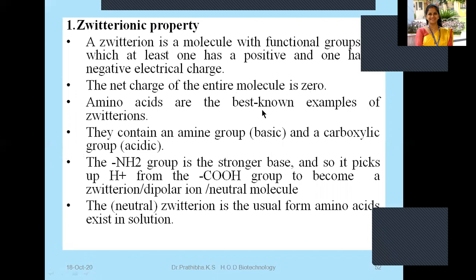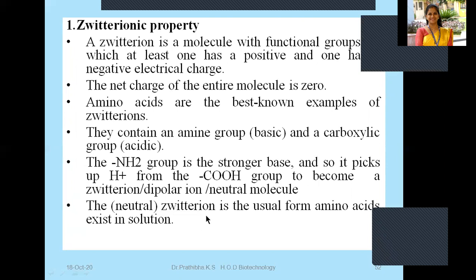Amino acids are the best known examples of Zwitter ions. They contain an amine group, that is basic, and a carboxyl group, acidic. The amino group is the stronger base, and so it picks up protons, that is H plus, from the COOH group to become a Zwitter ion, a dipolar ion, or neutral molecule.